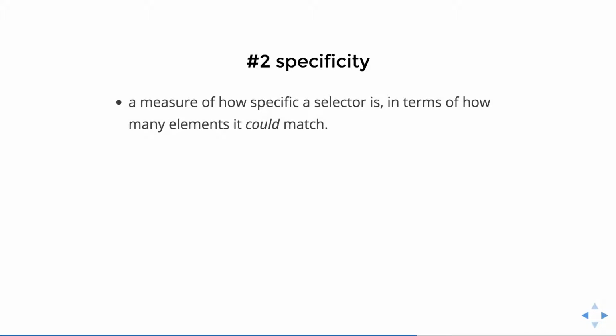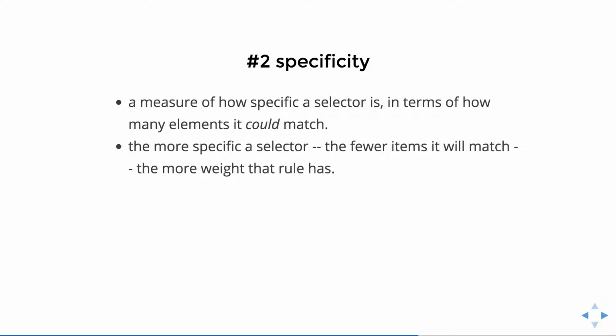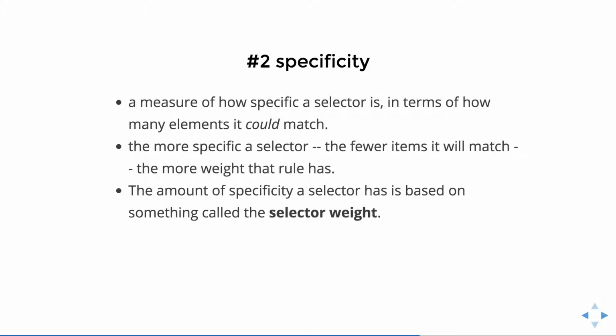All right, this is the very complex part. Specificity is a measure of how specific a selector is in terms of how many elements it could match. That's the idea behind it. The more specific a selector, the fewer items it will match, the more weight that rule has. The amount of specificity a selector has is based on something called selector weight.